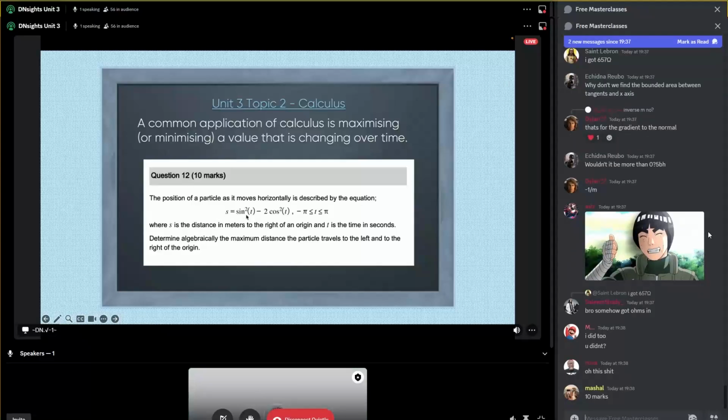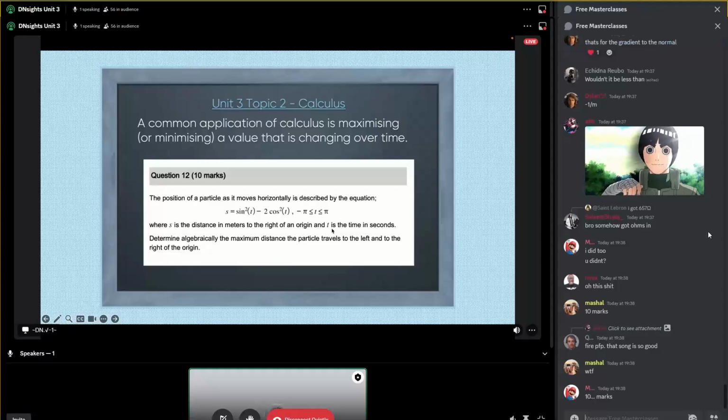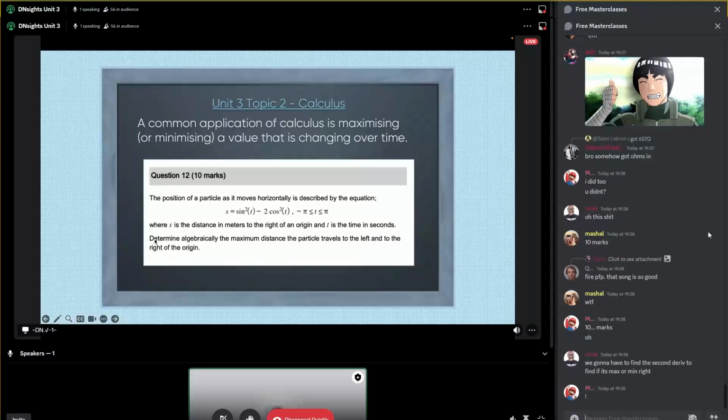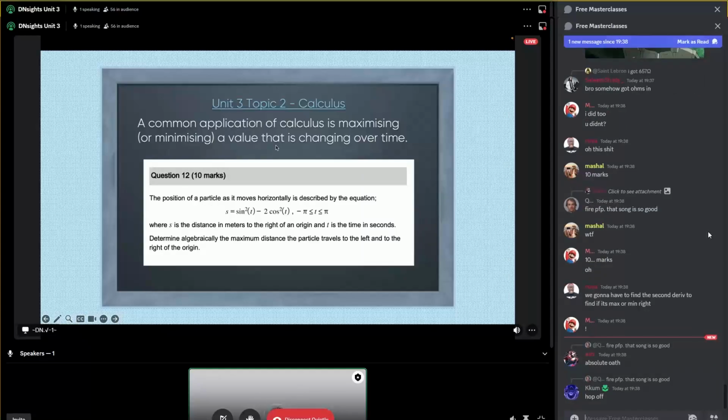We have s of t with these bounds. s is the distance in meters to the right of the origin, and t is time in seconds. So what it's asking is determine algebraically, so no calculator, the maximum distance to the right and to the left of the origin. Ignore the 10 marks, that's just internals being overinflated.